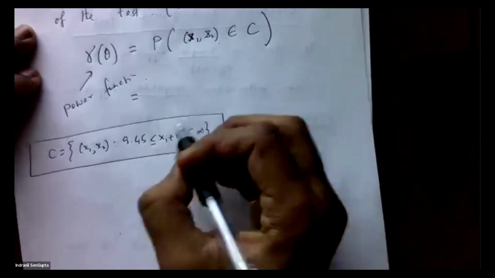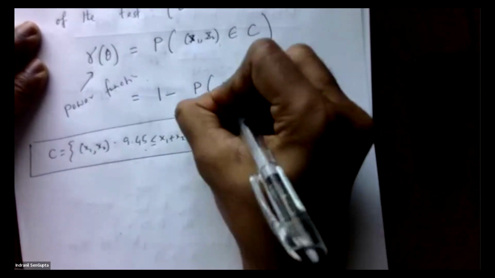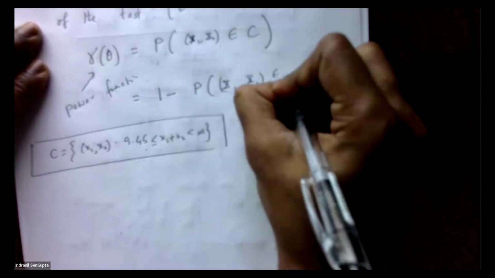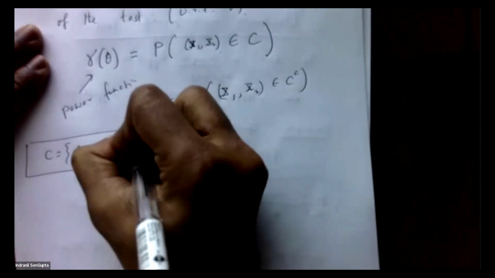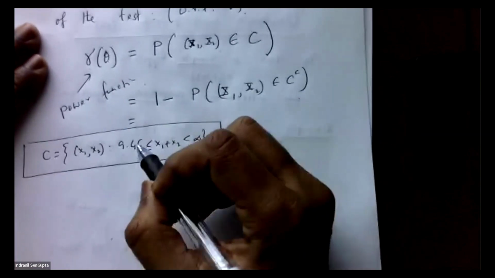So that is my C, right? Now I can write this as 1 minus probability of x1 plus x2 in C complement. Why did I do that? Because it's easier to deal with this one. So it's basically x1 plus x2 is less than 9.5.